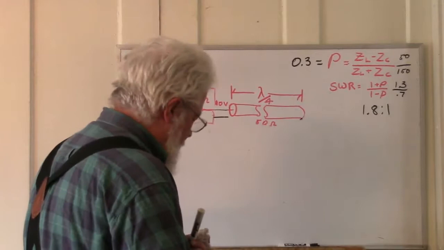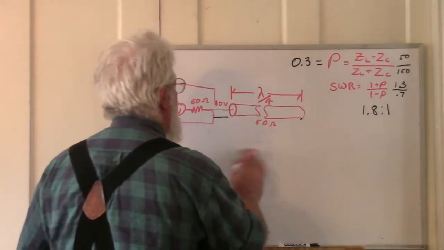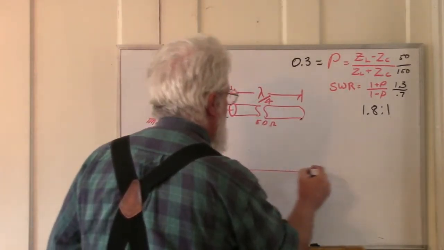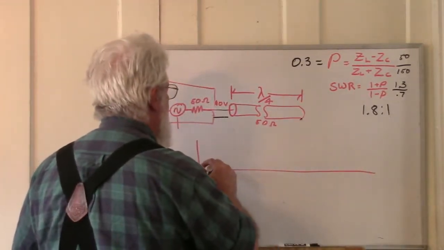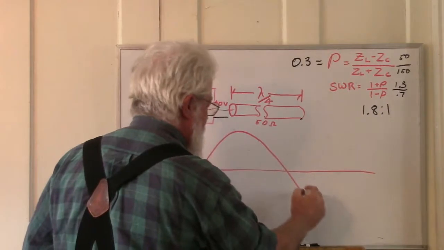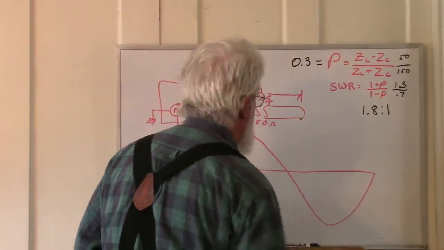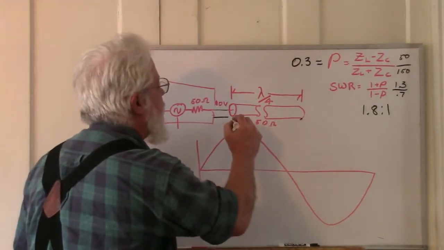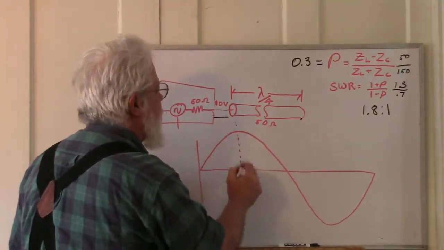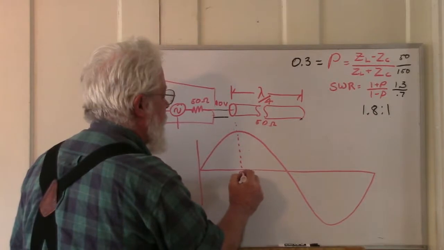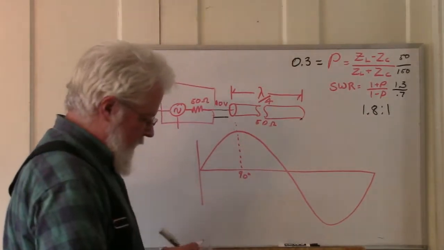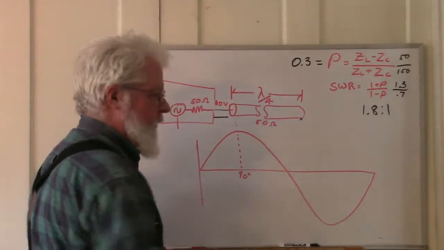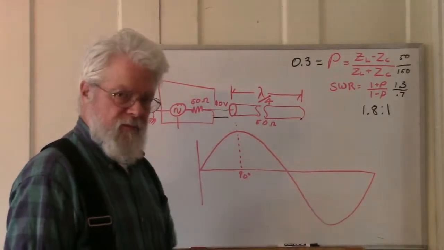So let's do the quarter wave case. Here's our full wave. Quarter wave is right here, 90 degrees. Now I'm going to leave all this because we're going to need it.